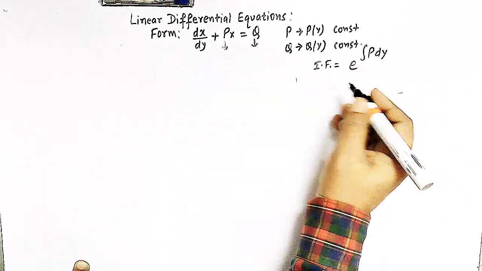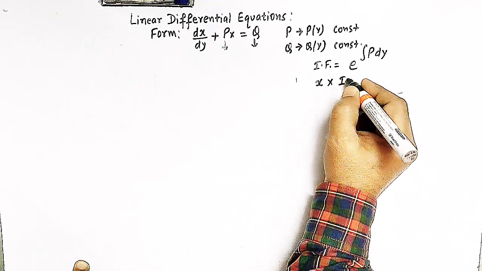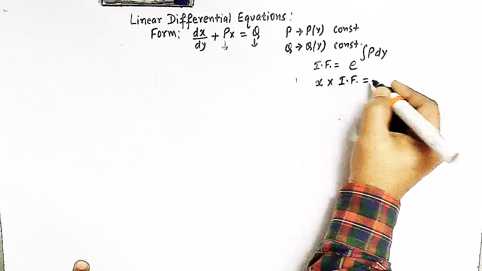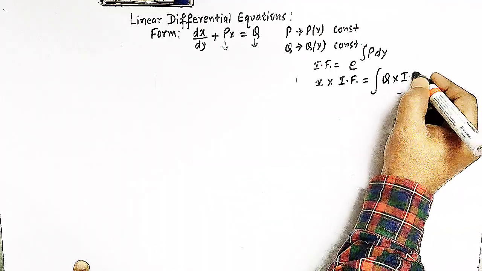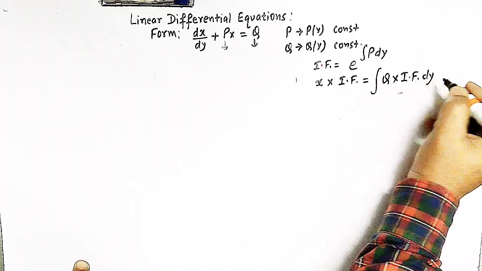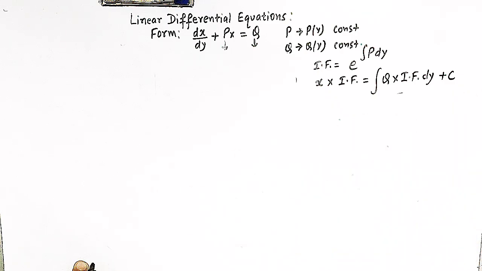And once we find out the integrating factor of this linear differential equation, we can write the solution as x times the integrating factor equals the integral of q times the integrating factor dy, plus c, where c is the constant of integration, right?